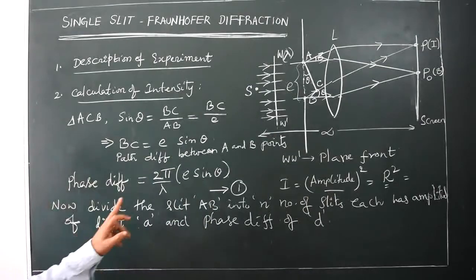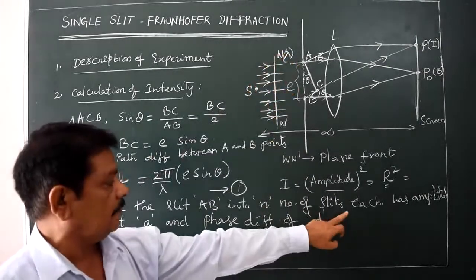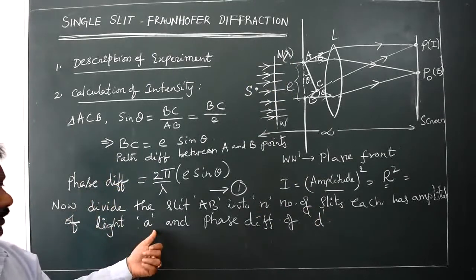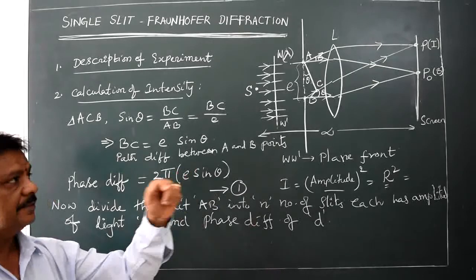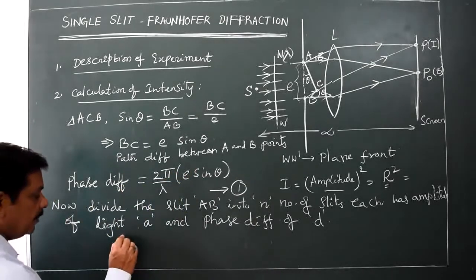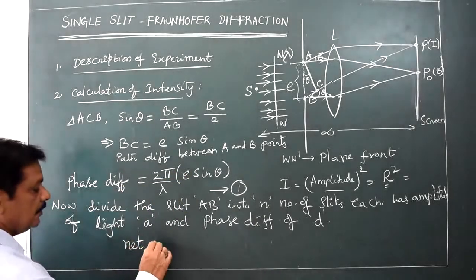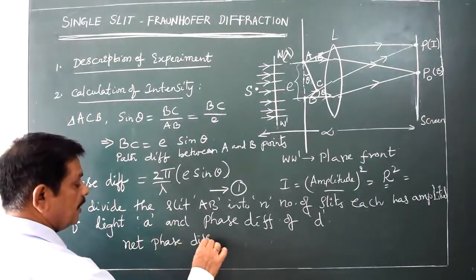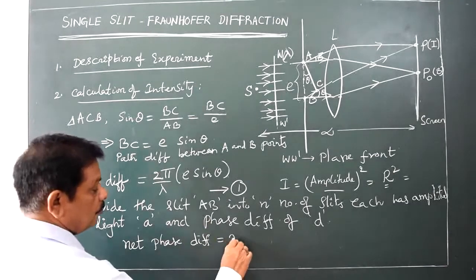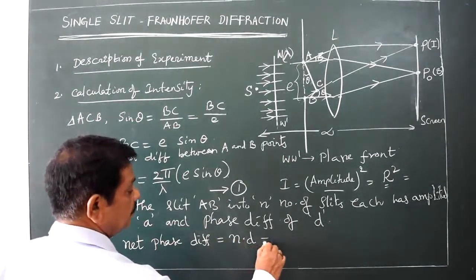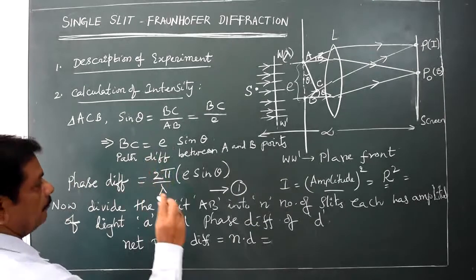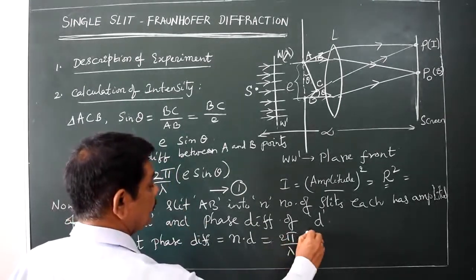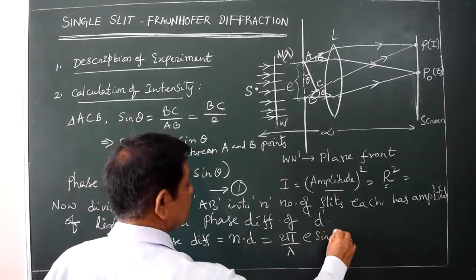Once the total slit is divided into n number of slits, each provides light of amplitude a and phase difference d. Then the net phase difference by n slits is n into d, which is equal to the equation 1 value, 2 pi by lambda e sin theta.